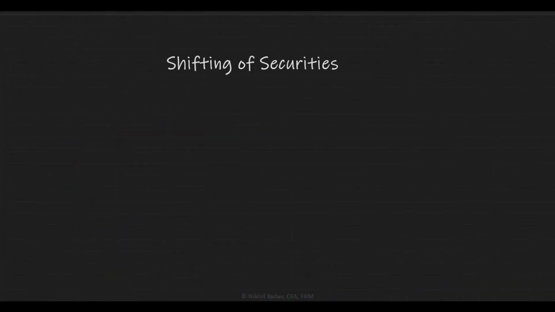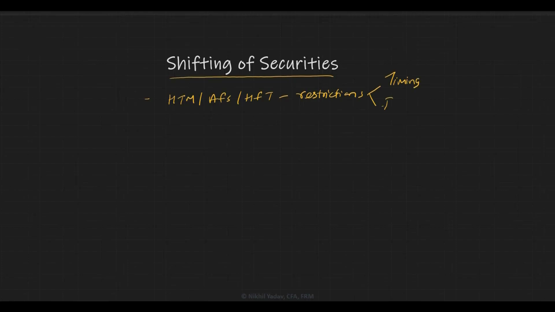Alright, the next topic that we're going to cover is the shifting of securities. So while shifting is permitted across all three categories, HTM, AFS and HFT, with various restrictions in terms of timing and frequency, we will specifically focus on the movement to and from the HTM category.